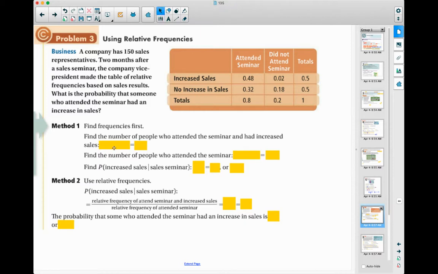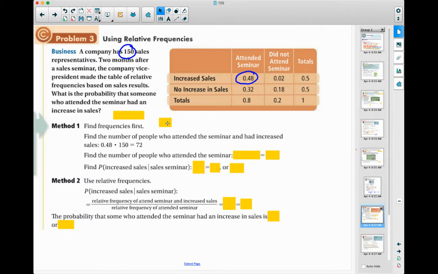That's going to be this 0.48. We know there are 150 employees. So 0.48 times 150 gives us 72. So 72 employees attended the seminar and increased their sales.